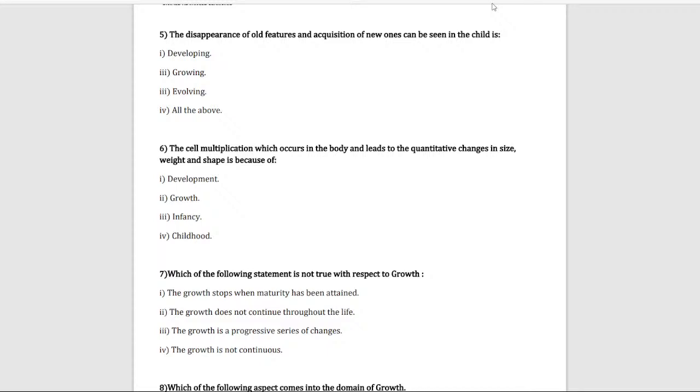Come on, I expect the students to actively participate in this session and keep answering. So the answer to this question number 5 is growing. The disappearance of old features and acquisition of new ones can be seen in the child, which is growing.